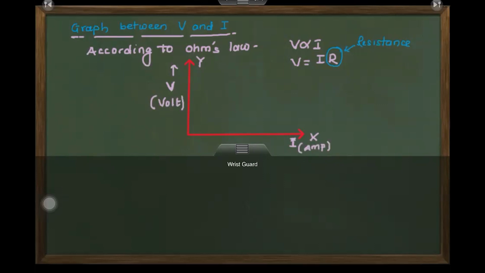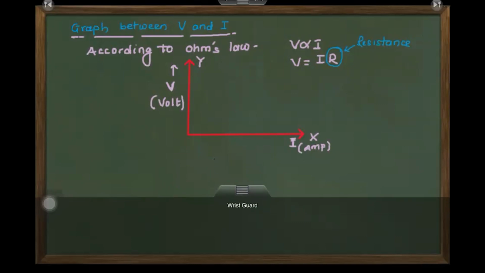Now, when we made a setup that day, I told you that you can take a resistance and put a voltmeter over it, and then an ammeter here, and then a cell or battery you can use, and you can make one arrow so that we can say that this is variable.